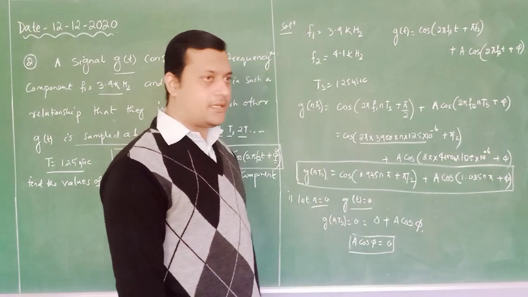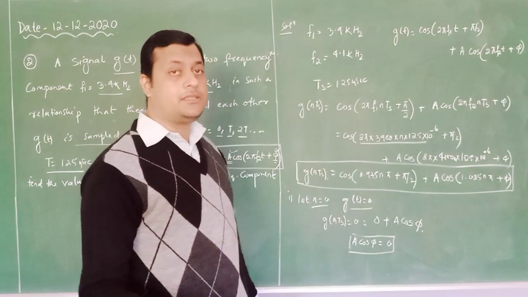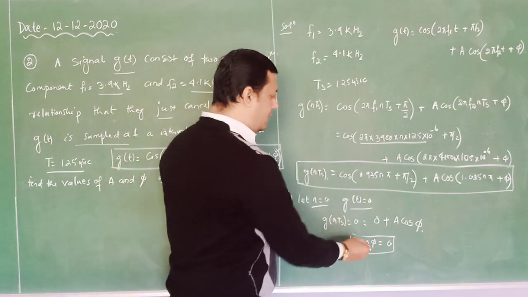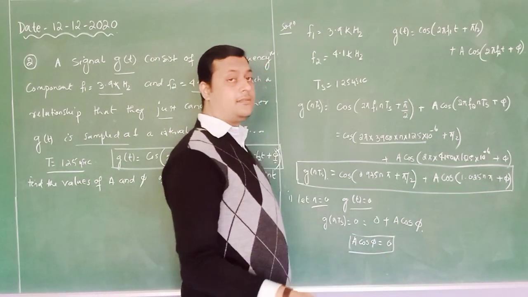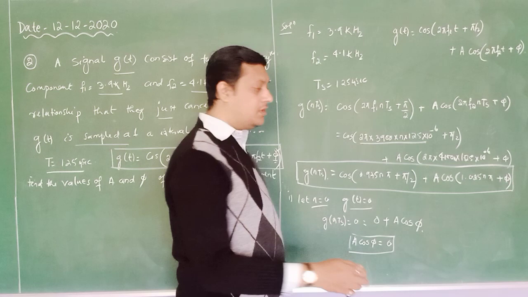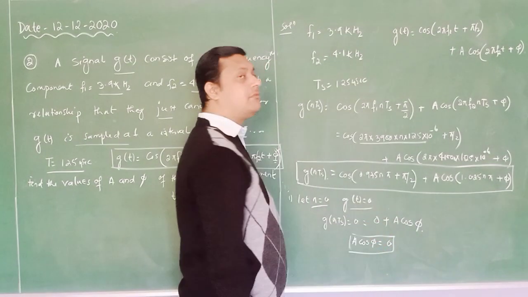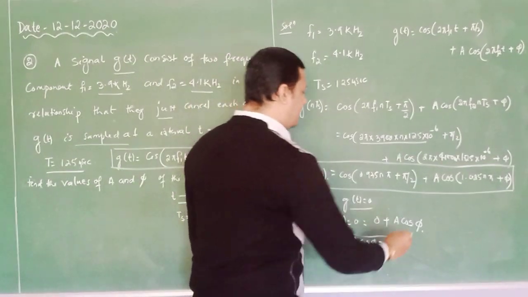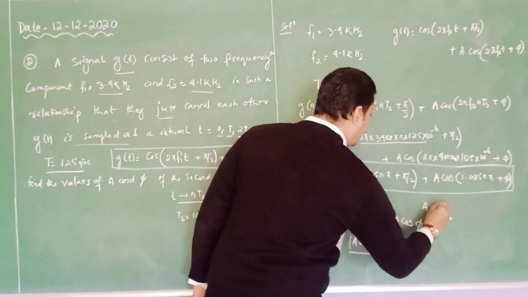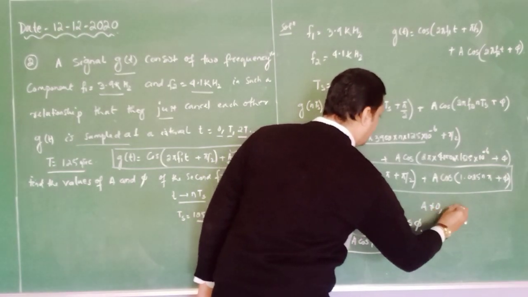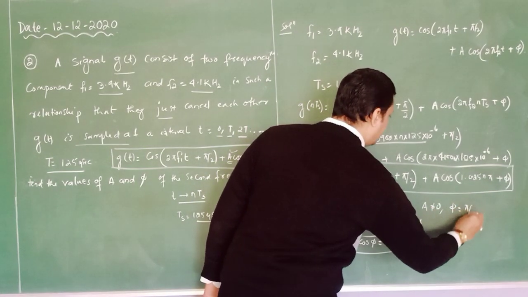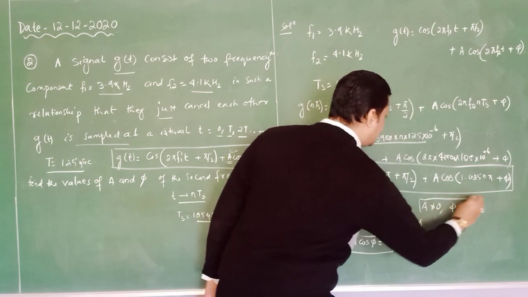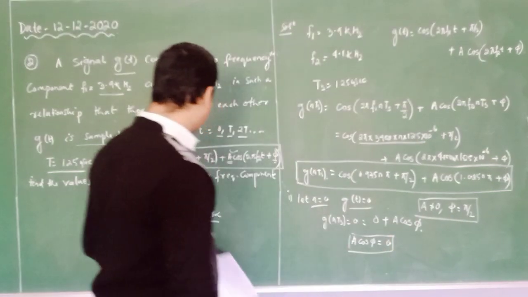Amplitude will be there, but which component can be 0? Phase component. So if I substitute phi as pi by 2, then the whole component is equal to 0. So here I will write A not equal to 0, but phi is equal to pi by 2. So this is the first condition.